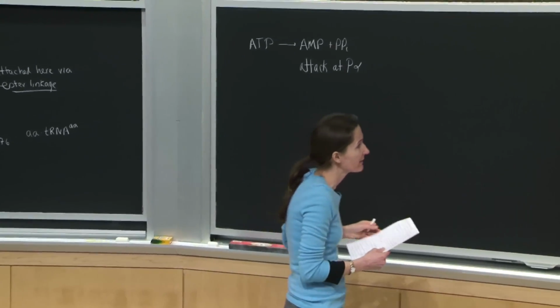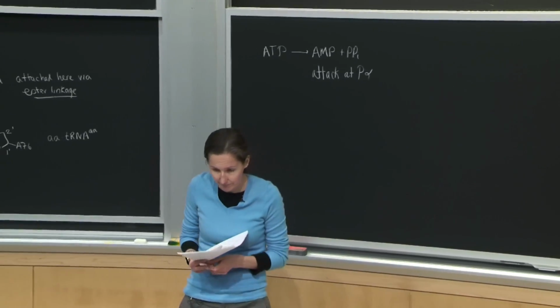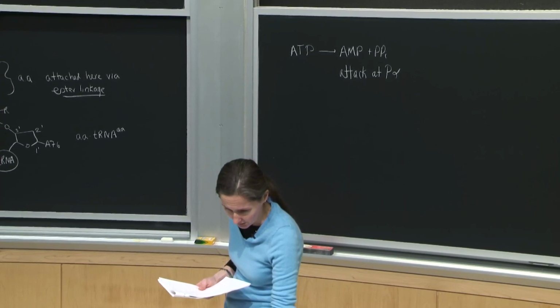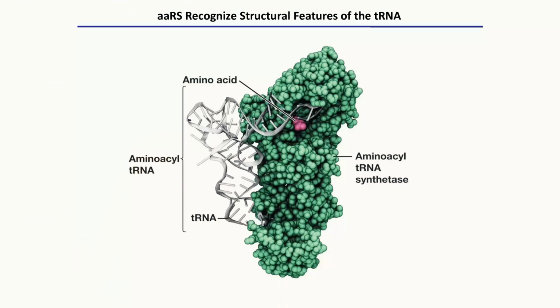So if we consider this overall reaction, how does it work? Just before that, one other observation I just want to point out. If we're thinking about these enzymes and asking what is it that they recognize of the tRNA, so we have the anticodon, and that goes hand in hand with the identity of the amino acid.